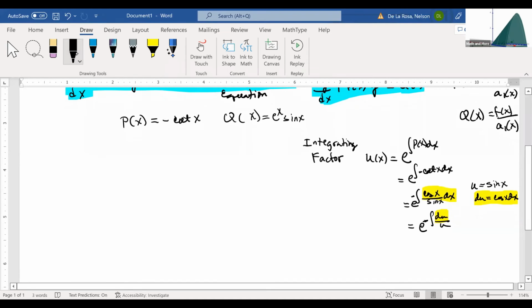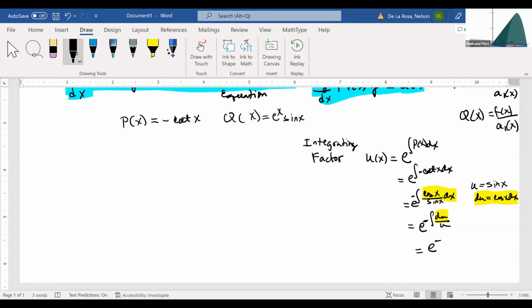And then we obtain that the integral of du over u is ln absolute value of u.